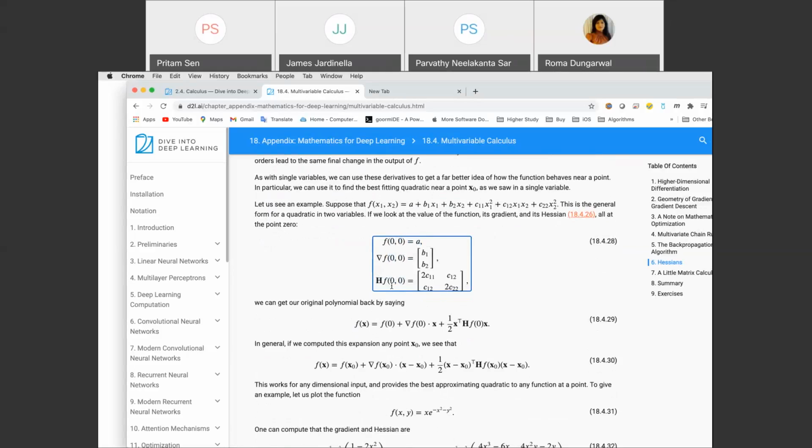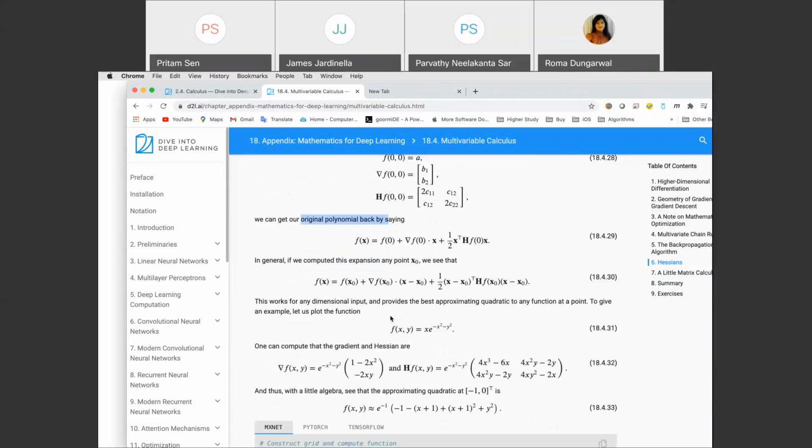Then we can calculate the Hessian matrix also for that function at 0, 0. Then the function can be presented as the function at 0, the reference point, the gradient at the reference point, and the Hessian matrix at the reference point, and we multiply with the x factor. So ultimately it will give us the original function, or you can get the original polynomial.